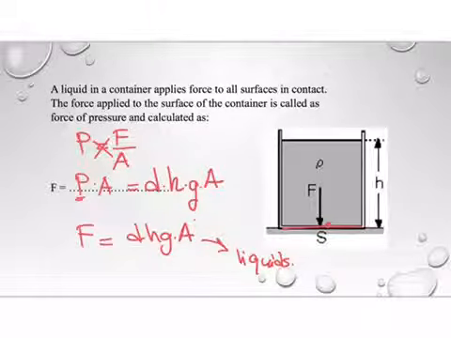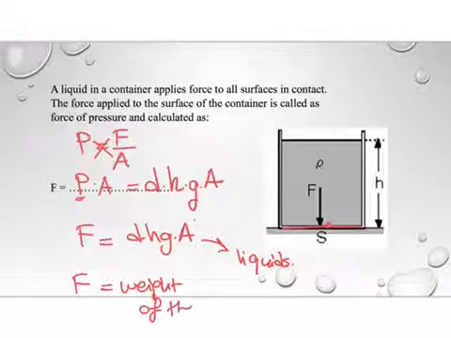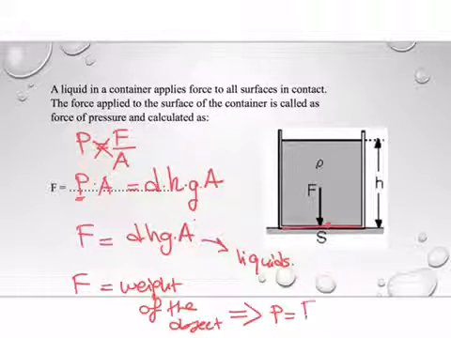What about for solids? For solids, the force of pressure is equal to the weight of the object, because for a solid, pressure is equal to force over area, where the force is the weight of the object.